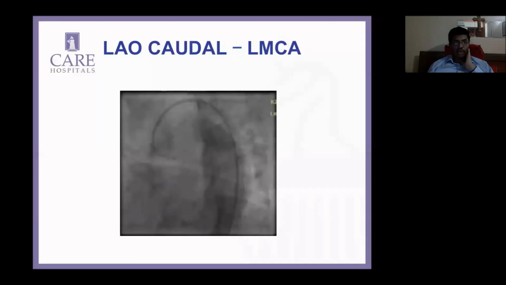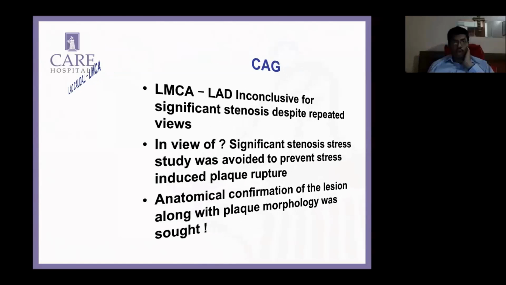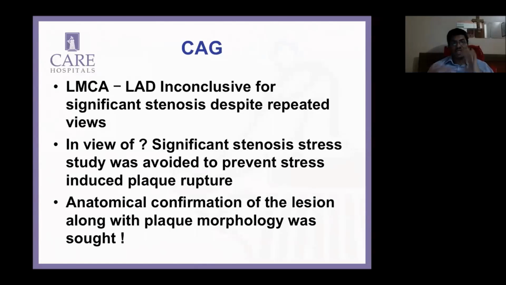So we just want your opinion based on these angios. Would you be doing anything? No, not at all. It's very difficult to take any decision on this angiogram. Yeah, so what next? These are the thoughts that went through us. I'm sure you have your own, but LMCA to LAD is inconclusive for significant stenosis despite repeated views.